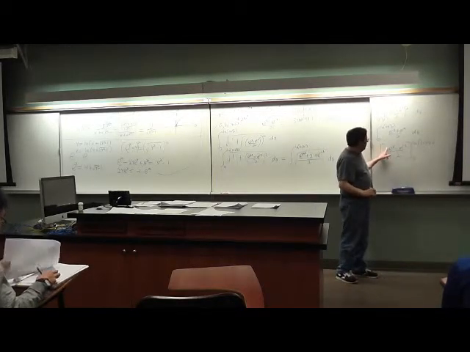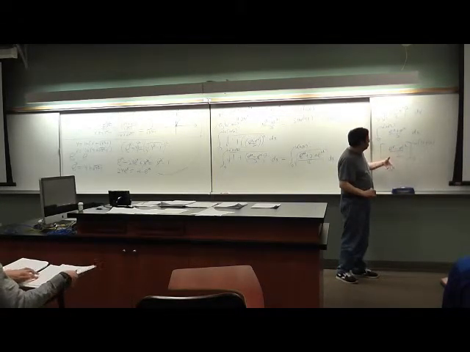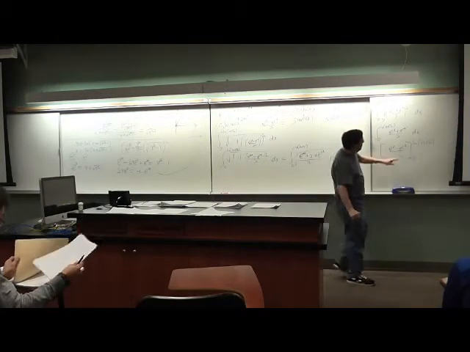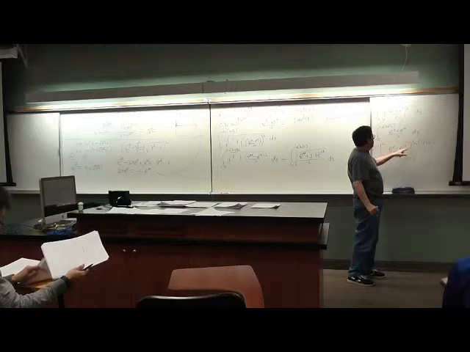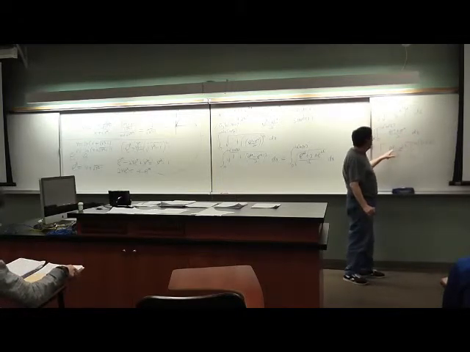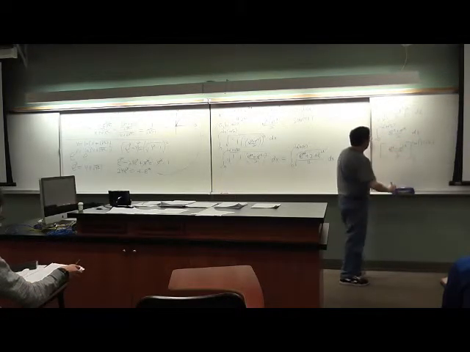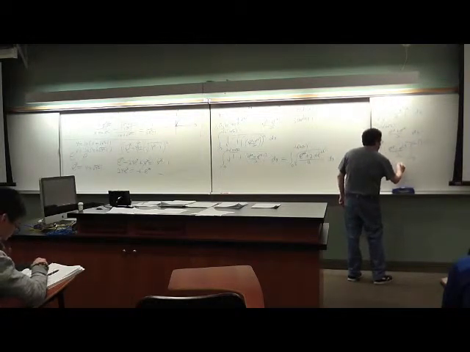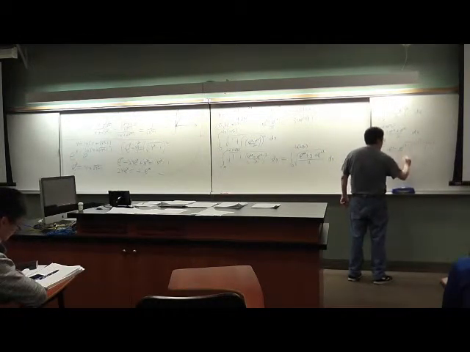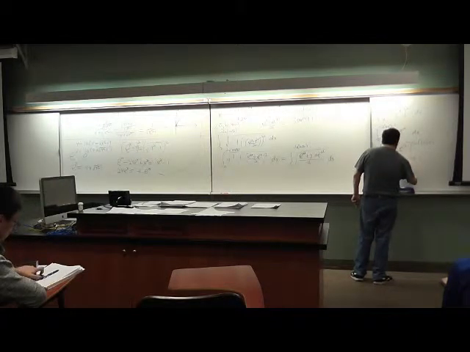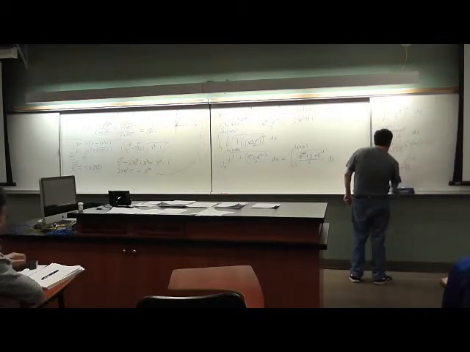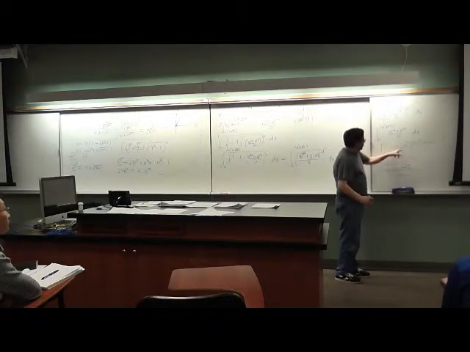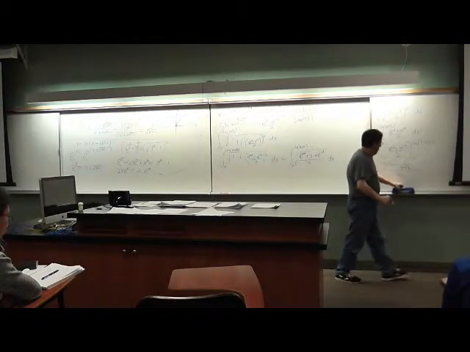If I plug in 0, both of these are 1. Well, that's not what I want to do. Plug this in first. So when I plug in the log of something and raise e to the x, I just get that value, so 1 plus square root of 2, minus 1 over that quantity, all over 2. When I plug in 0, both of these become 1, so it goes away.